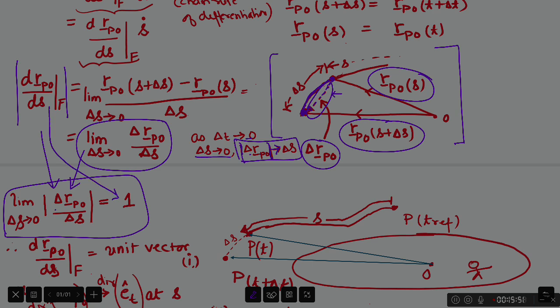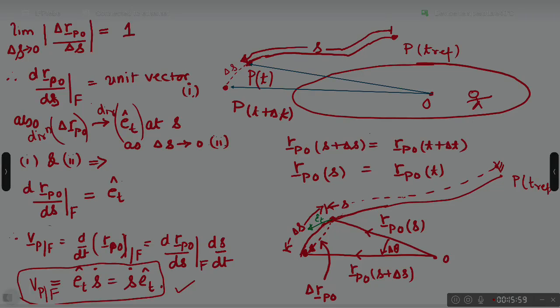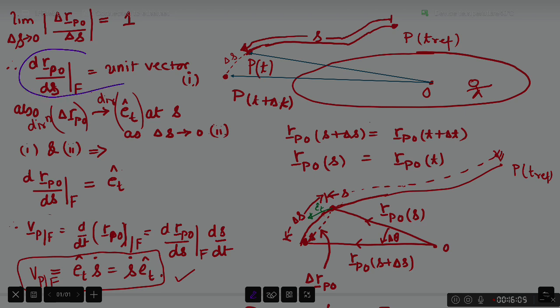In other words, dRPO/ds with respect to F must be a unit vector.